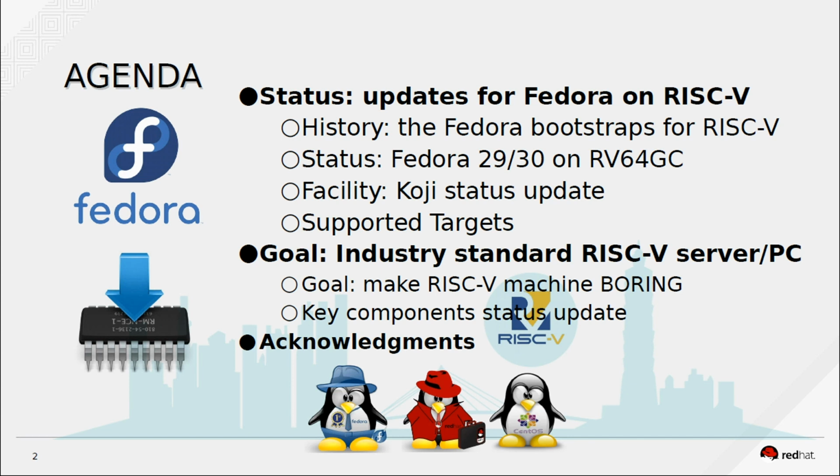I gave a lot of detail in the previous talk, so this time I will just give a very brief summary of this history, and also give you the status of Fedora on RISC-V, and let you know what facility we are using for building Fedora images, and what kind of targets we support. In the second part, I will talk about the industry standard RISC-V server PC proposal and its current status.